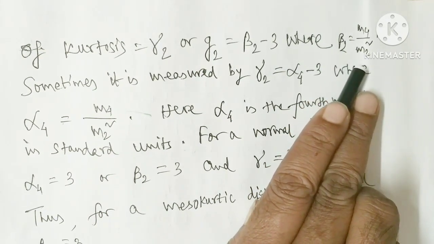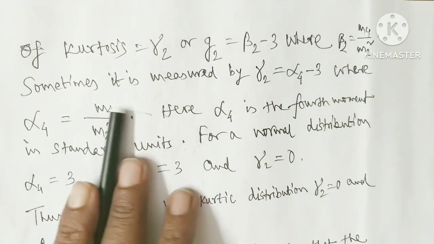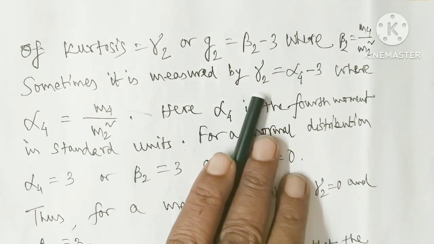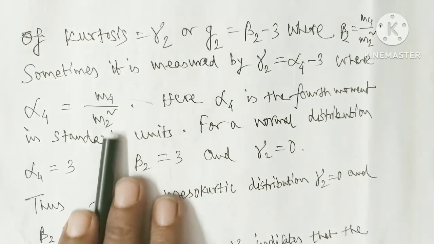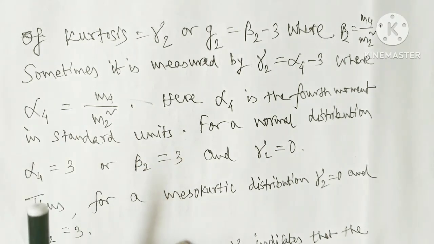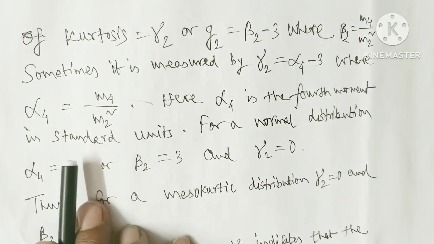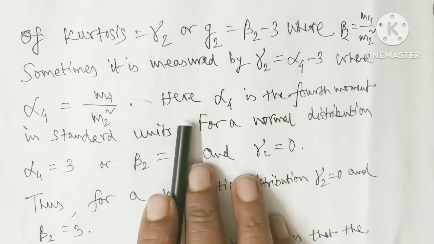M4 and M2 are the moments, the fourth moment and the second moment. Sometimes it is measured by gamma 2 equals alpha 4 minus 3, where alpha 4 equals M4 by M2 squared. In some books beta and alpha are the same but the expression is different.